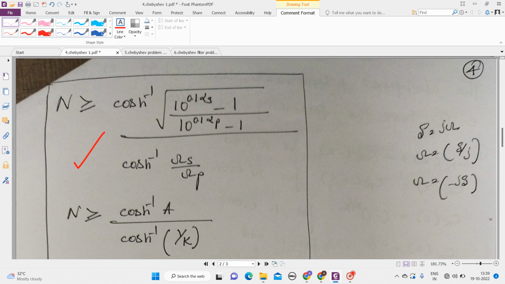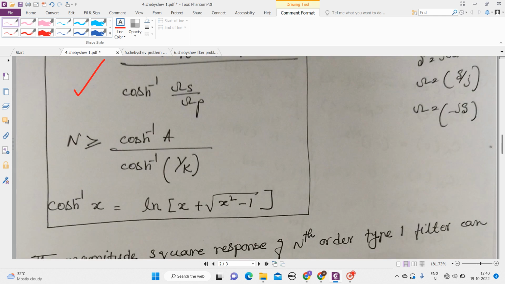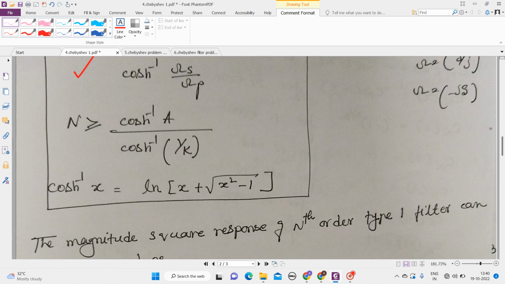I have seen these formulas in the Ramesh Babu book, Digital Signal Processing, 7th edition. You can also see that book. It is very easy to understand the concept, and you can also refer to the Nagoor Kani and Chitode books, from the exam point of view.